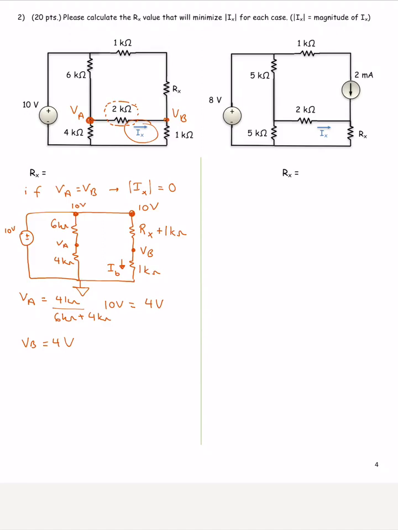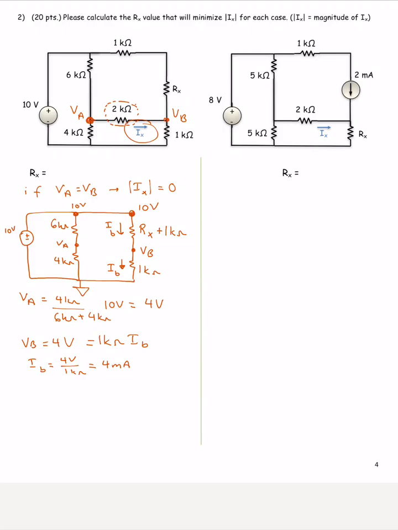So if VB equals 4 volts, it is actually the same thing as 1 kilo ohm times IB. And the same current is running through here, IB. So in this case, IB is equal to 4 volts divided by 1 kilo ohm, which equals 4 milliamps.